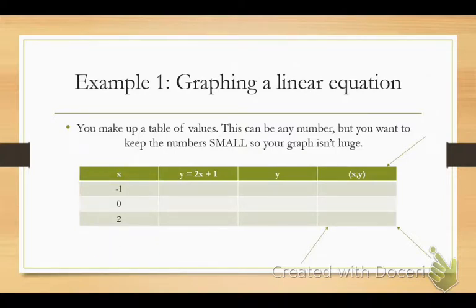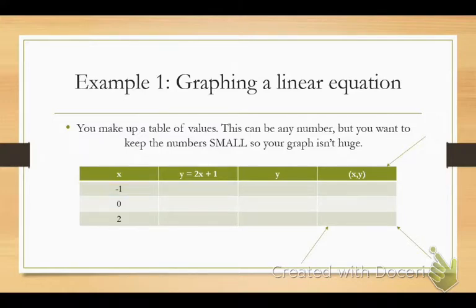You're going to make them up. You can choose any number you want, but why wouldn't you choose 52 or 55 or 60? Well, that's because you don't want to graph that big. So basically, the rules I'm going to give you are you need a negative number, you need a positive number, and 0 is always a good number to use, because it's just easy to plug in.